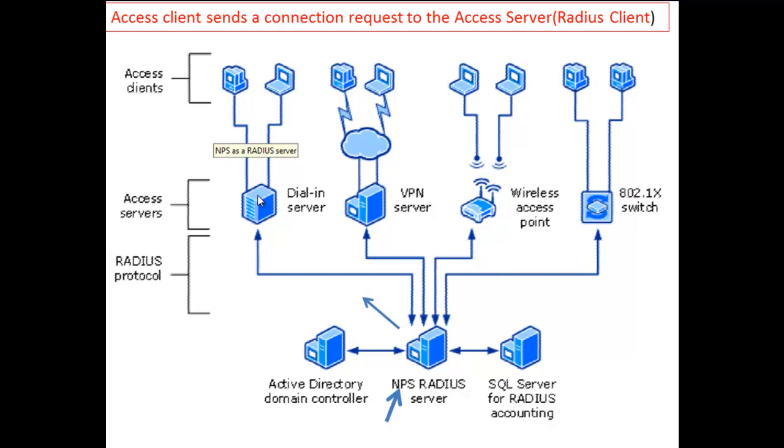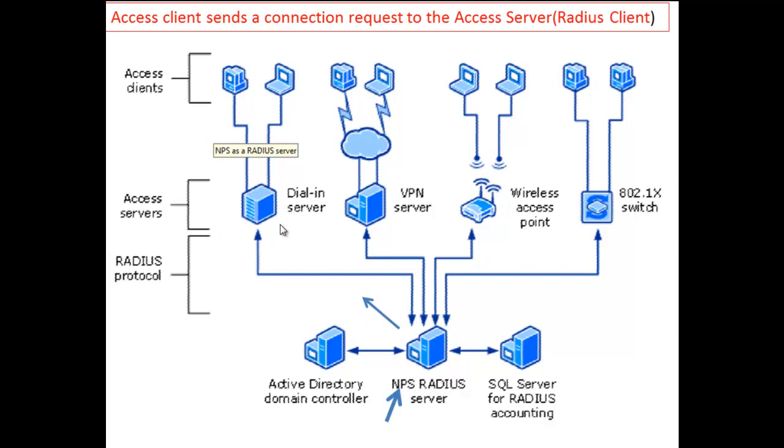And please note that we refer to these access servers as RADIUS clients. Don't get that mixed up with the client machine itself. These are servers that have been configured as VPN, dial-in, and so on. So you might see them referred to as RADIUS client in your exam, or as access servers.